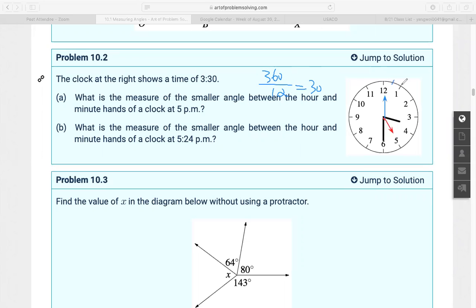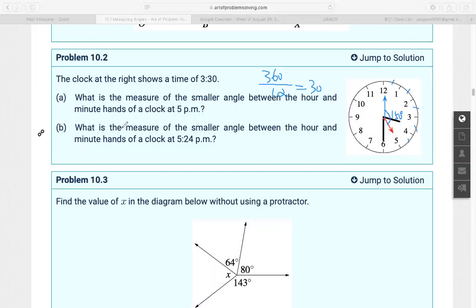You count 1, 2, 3, 4, 5. 5 times 30, you get 150 degrees. So that's the reason why at 5 o'clock, the hour hand and the minute hand form this angle that equals 150 degrees.